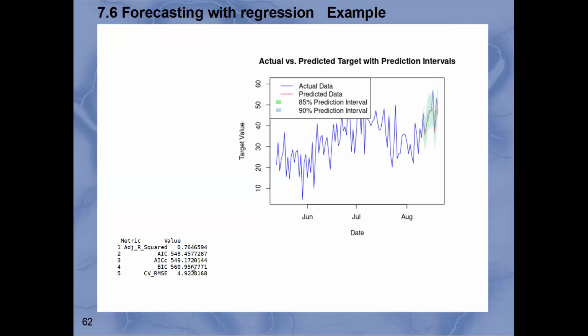And we can go ahead and print out the adjusted R squared value and the AIC and the corrected AIC and the BIC and the cross validation and the root mean square error of that variable.